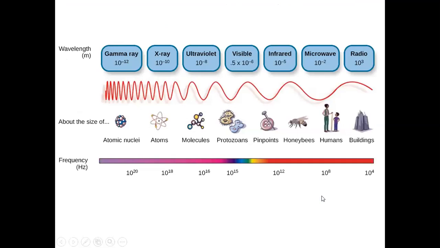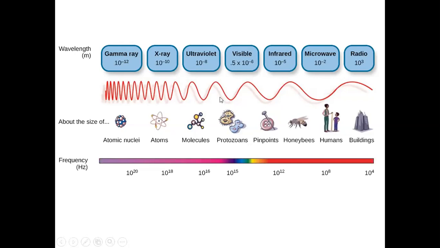All right, if you compare the wavelengths of these electromagnetic waves, the wavelength of radio waves is more than the size of a building. Then the microwave is 10 to the power -2 meters, about the size of a human. Infrared is the size of a honeybee, I would say, 10 to the power -5.